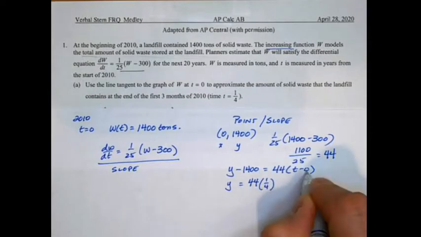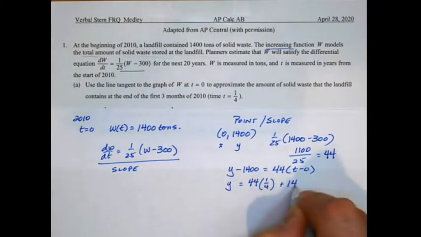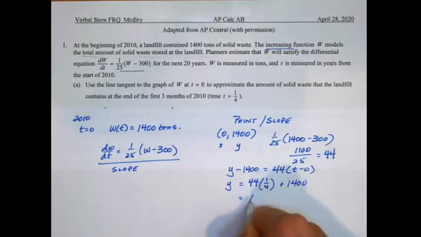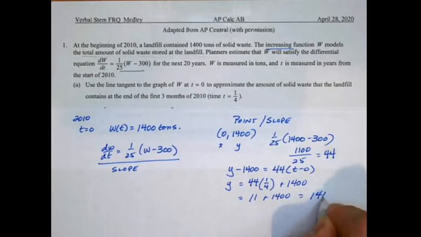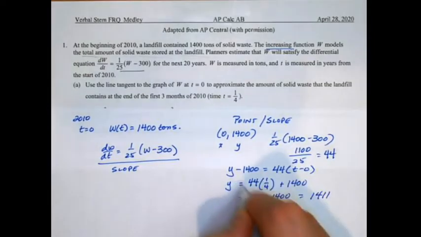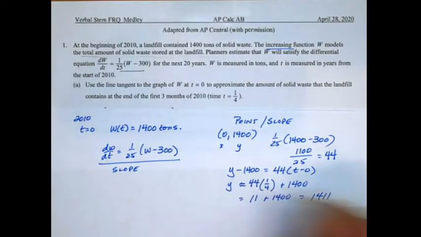If I distribute it, this is going to be 11 plus 1,400, which gives you approximately 1,411 tons of waste when t equals 1/4.